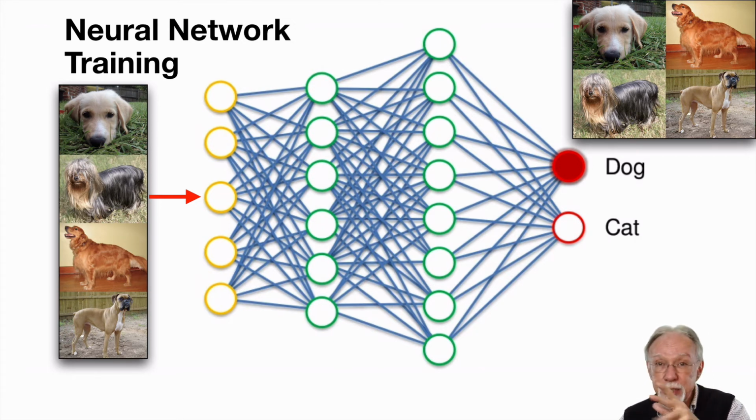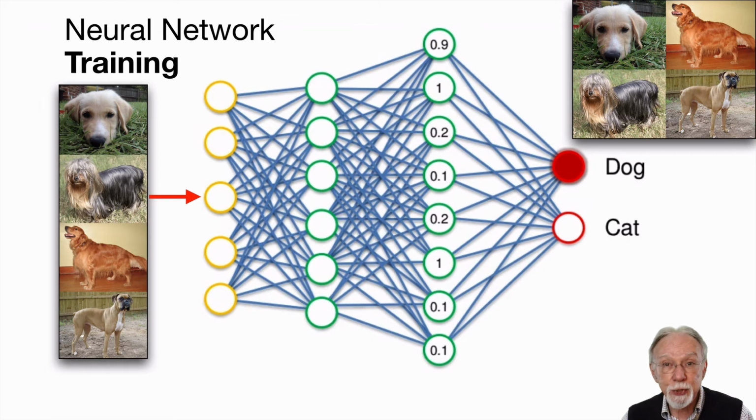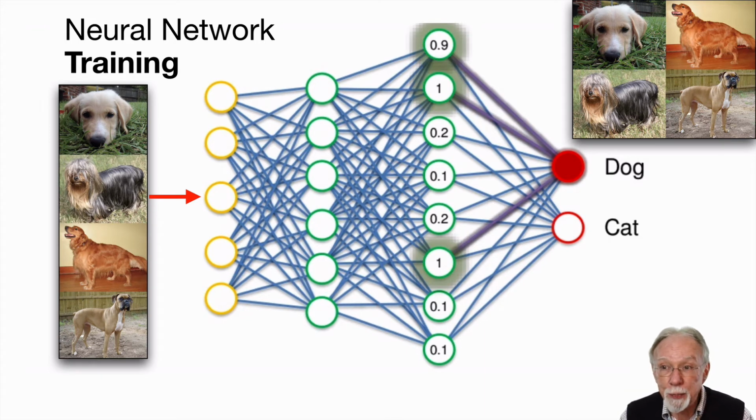They get processed in various ways in the hidden layers. And we already know by label whether each picture is a dog or a cat. So it feeds back and forth until the hidden layer weights are adjusted so that when we get an actual real picture of a dog, we get something like this. The weights in the final hidden layer are heavily weighted to give us a dog probability.